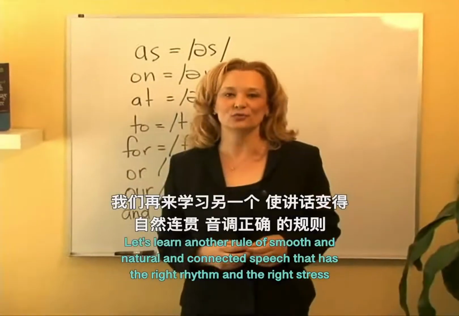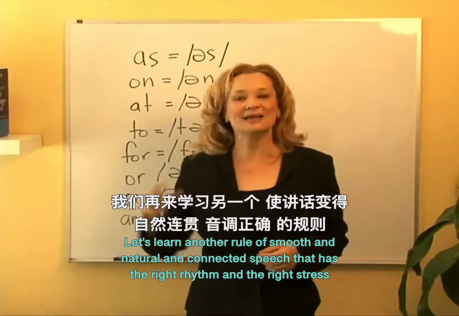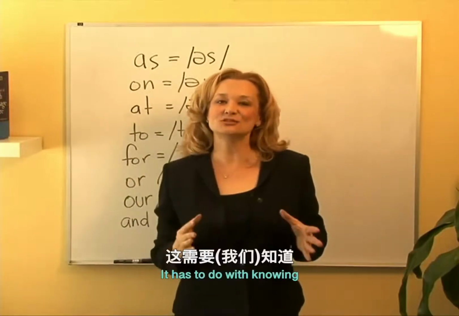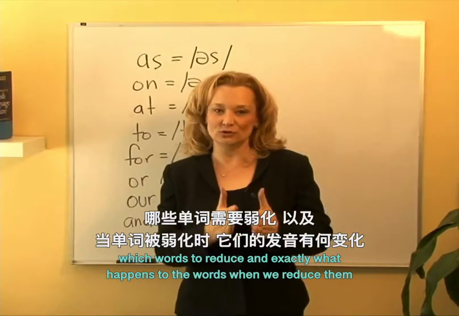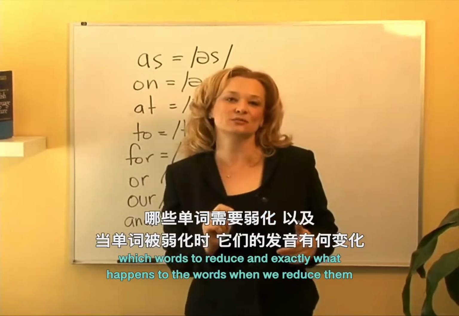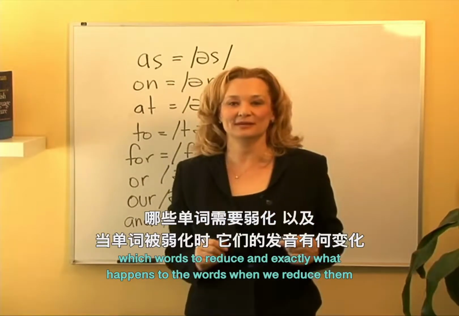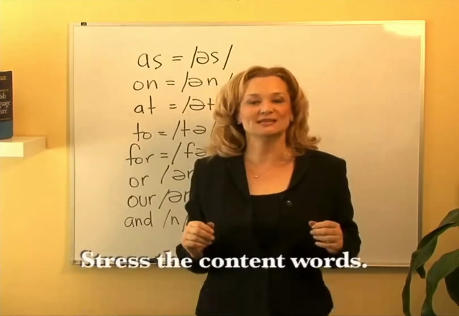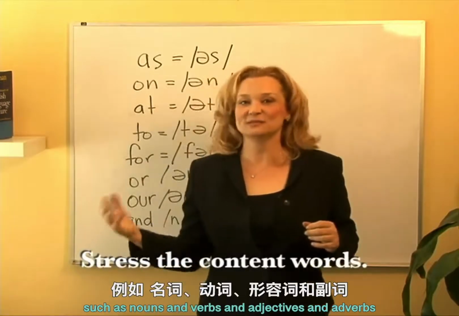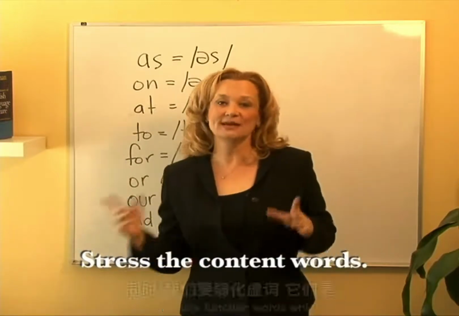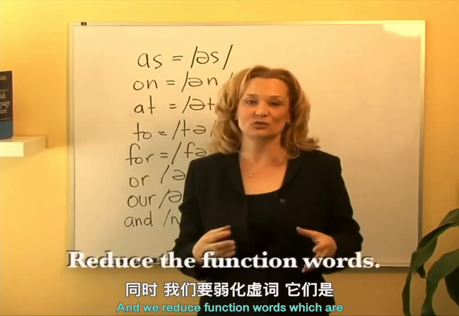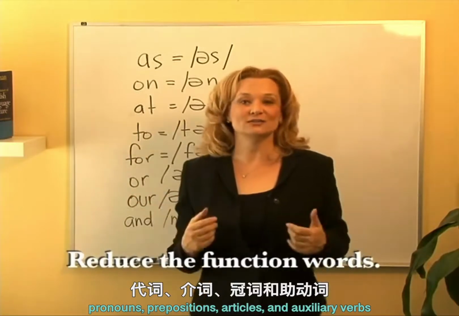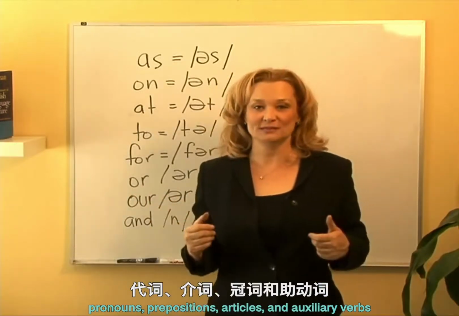Let's learn another rule of smooth and natural and connected speech that has the right rhythm and the right stress. It has to do with knowing which words to reduce and exactly what happens to the words when we reduce them. As a reminder, we stress the content words such as nouns and verbs and adjectives and adverbs, and we reduce function words, which are pronouns, prepositions, articles, and auxiliary verbs.